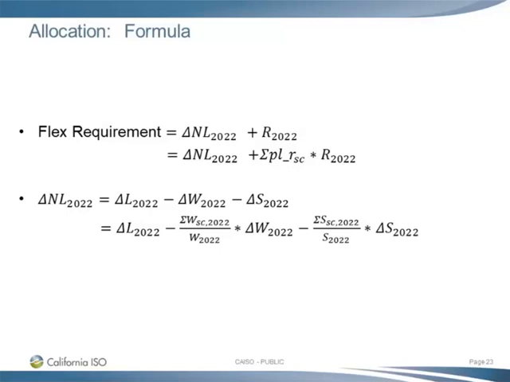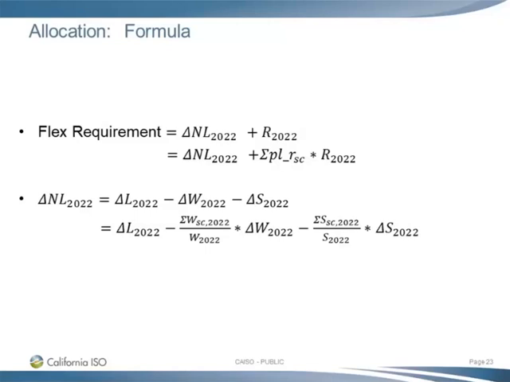For the reserve part, as I said before, each SC or LSE will receive its peak load ratio times the total reserve. That's easy. Now we go to slicing the net load.